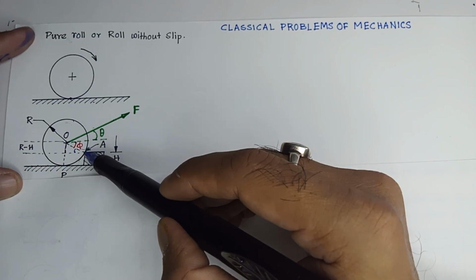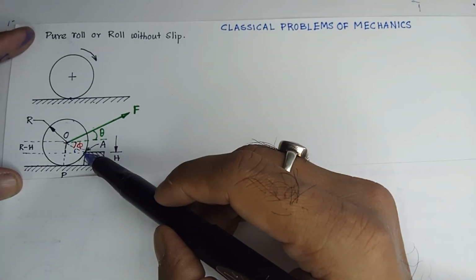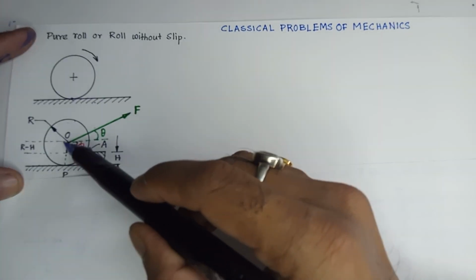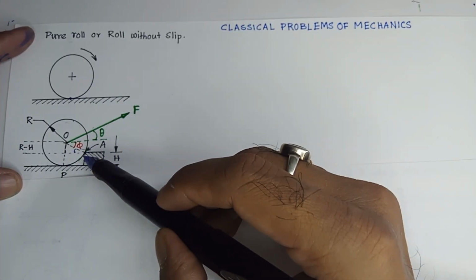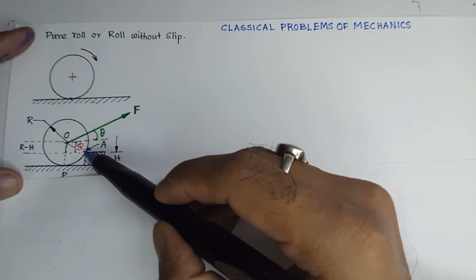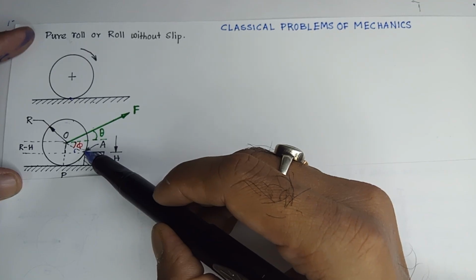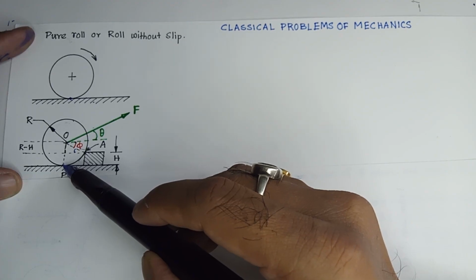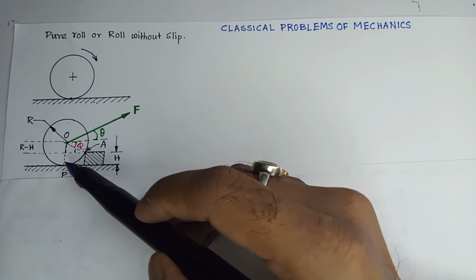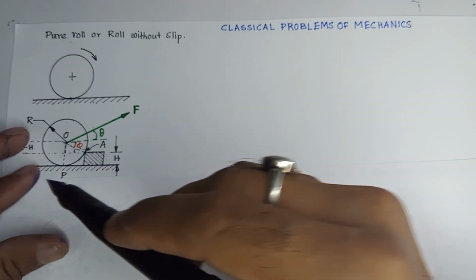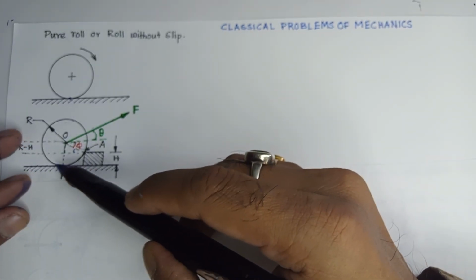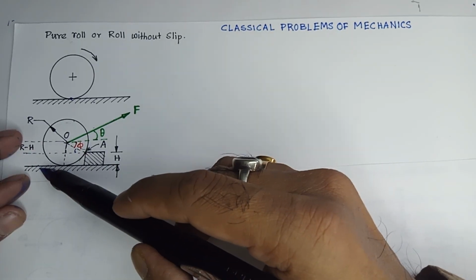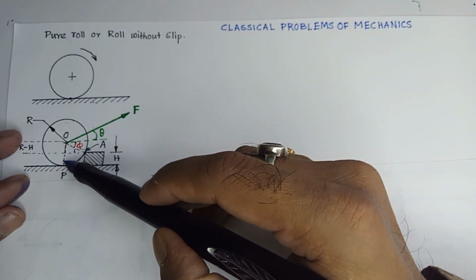Now as it touches this point also, from the next instant onward, this point will have zero velocity. That means at this point P, which was touched by the plane, the contact will be lost.